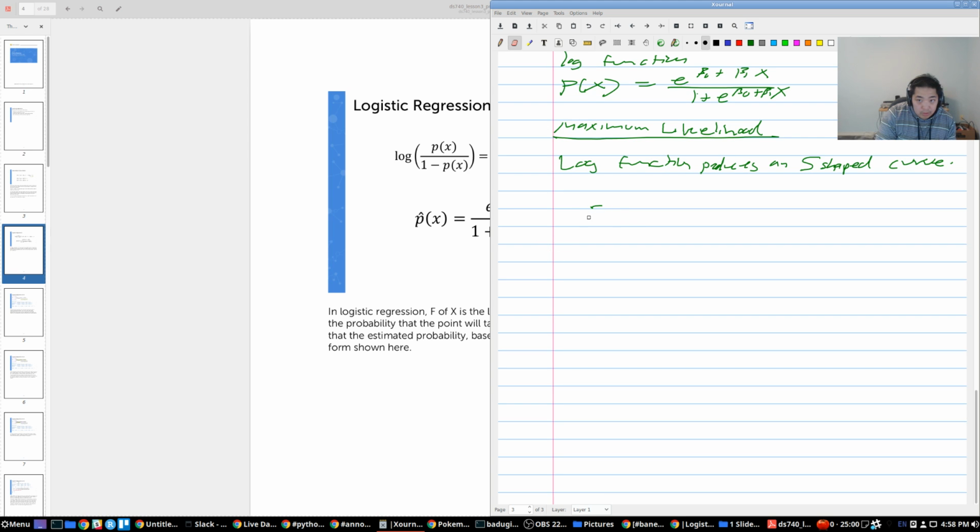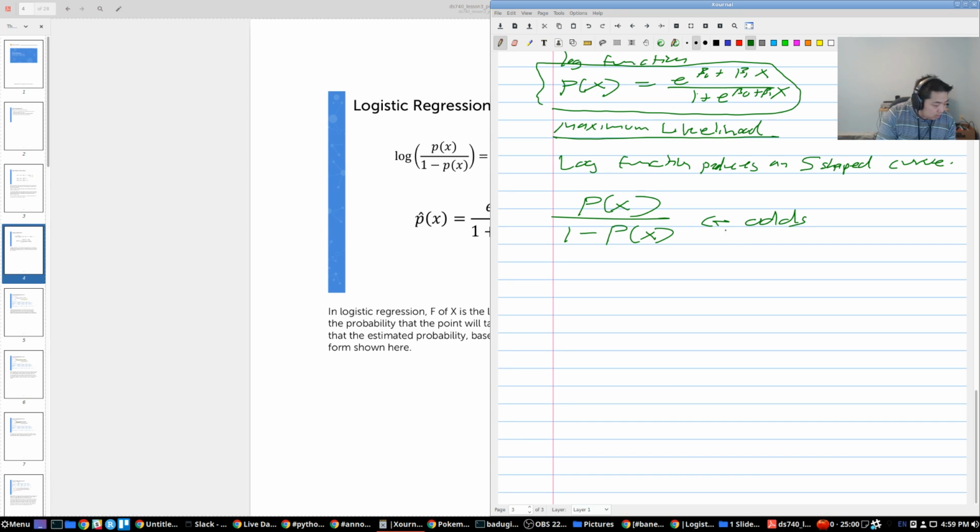So using this thing right here, we manipulate it by saying P of X over 1 minus P of X. After that, this is called the odds ratio, which we've read about in that other thing.